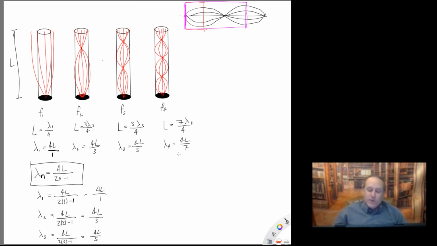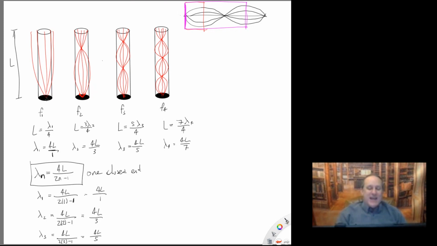So this is a formula for a pipe with one closed end. Probably of more importance than memorizing this formula is having a conceptual idea of how to construct these diagrams.